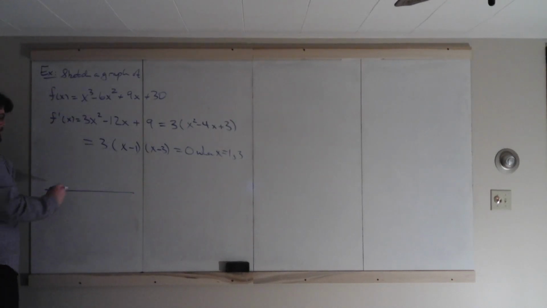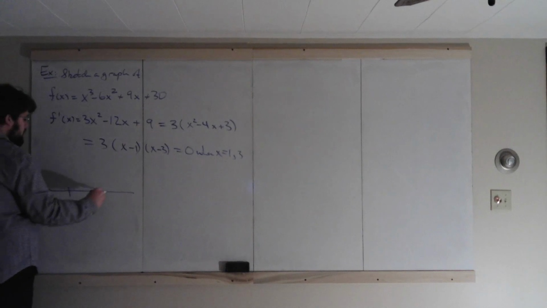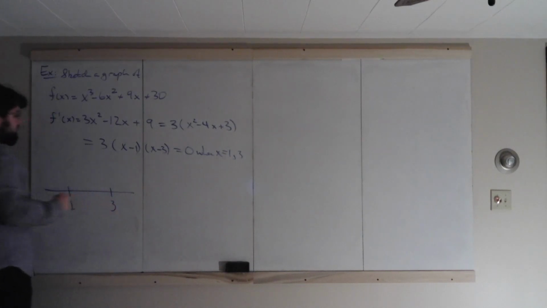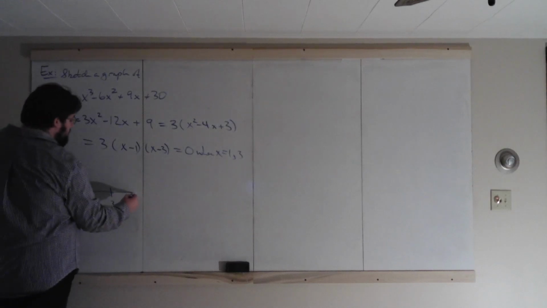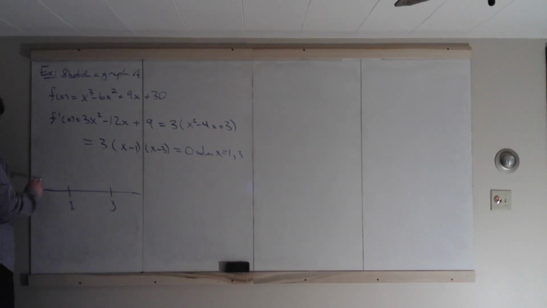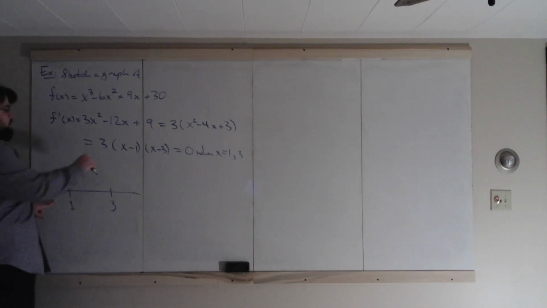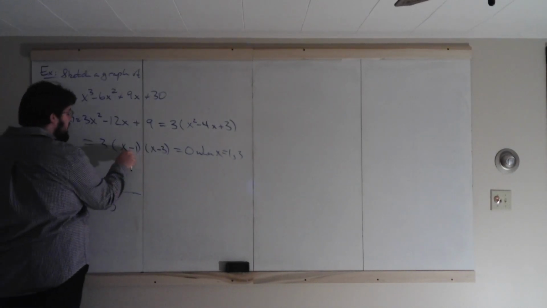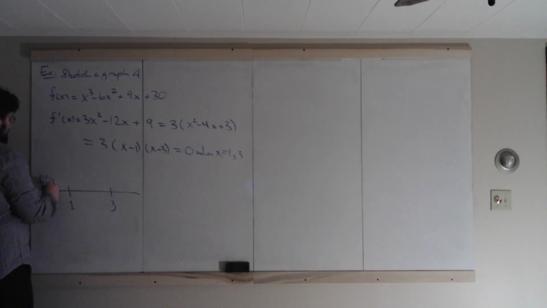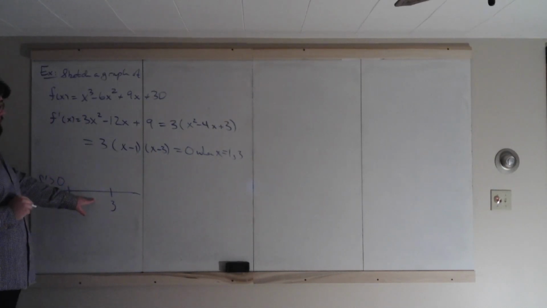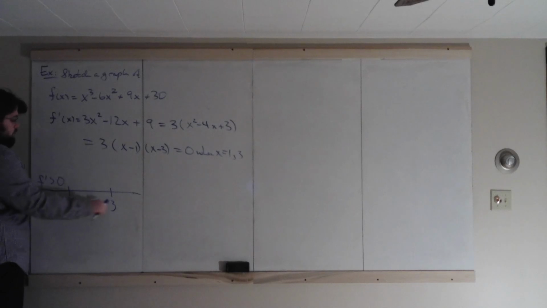Let's interpret this on a number line. So here's 1, here's 3, and remember, all we need is the sign of the derivative, because that tells us increasing, decreasing. So f prime at 0, because 0 is in this interval, is a positive times a negative times a negative, which is positive. In here, we can choose 2, because 2 is between 1 and 3.